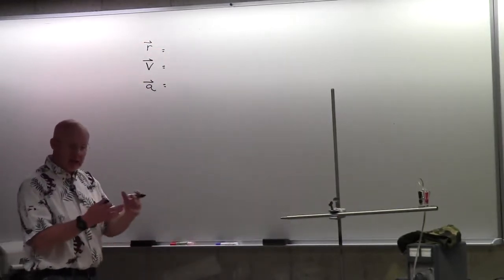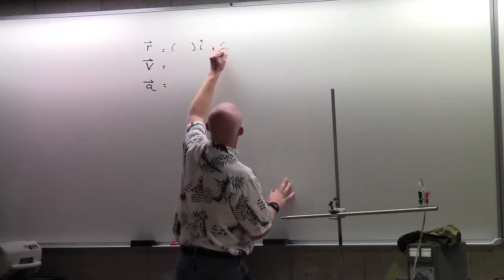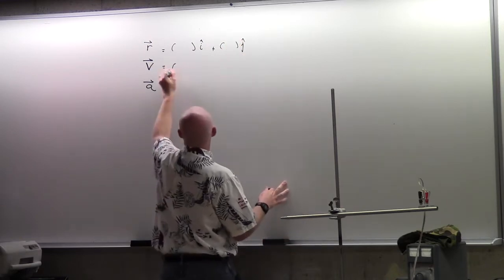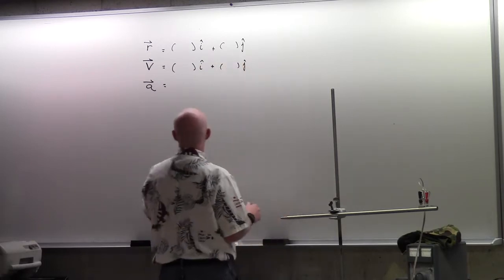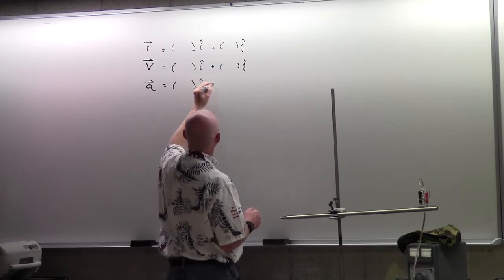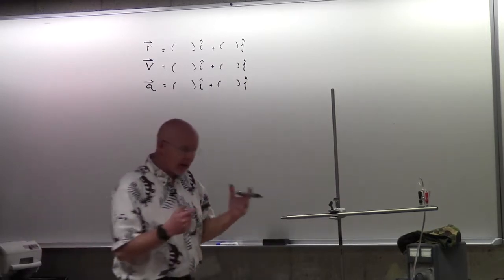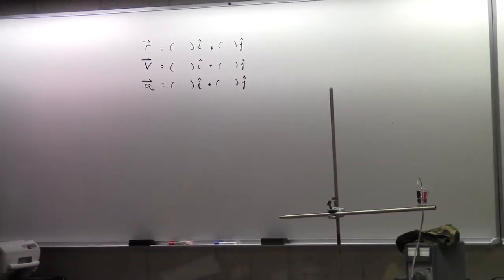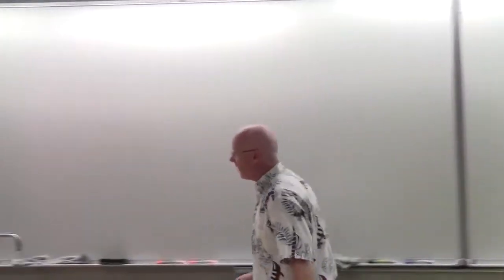There'll be something with an i-hat and then a j-hat. Likewise here, something with an i-hat and something with a j-hat. The whole point of that lecture was to get you familiar with what we call the unit vectors. And that i-hat we treat like a number or a unit. We treat all of those with the same mathematical properties.